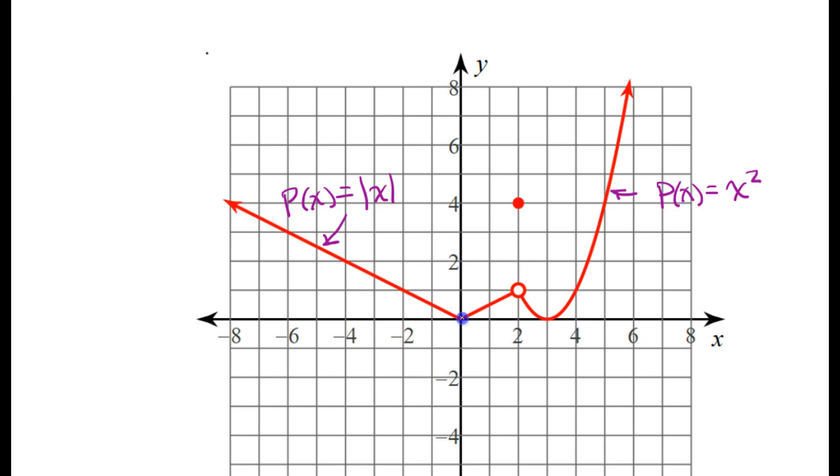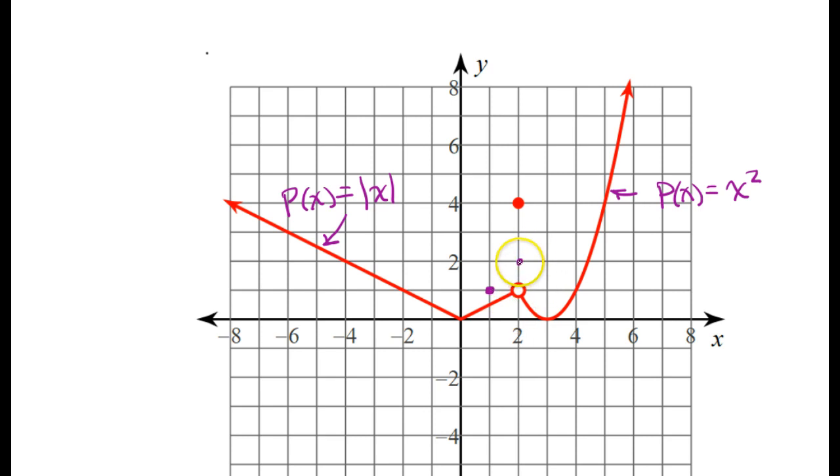The vertex is still in the original place, 0, 0, so that hasn't changed. What has changed is this. Normally, the parent function goes up 1 over 1. So the first point would be here, and the second point would be here. Now, look and see where the points actually are.